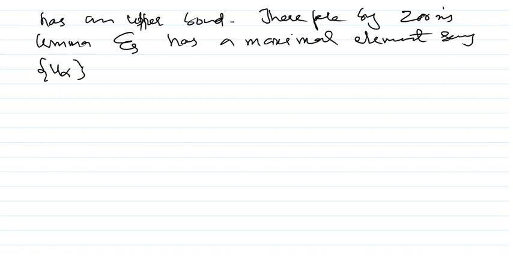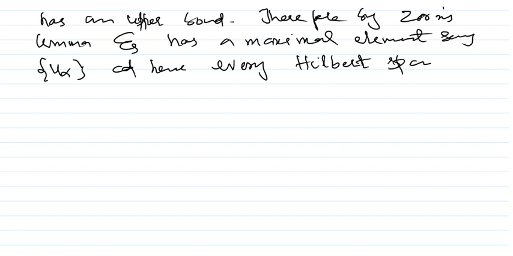So U alpha इसका maximal element है, और यही जो maximal element है, it's a maximal orthonormal set, and hence every Hilbert space has an orthonormal basis. This is just the existence of the orthonormal basis. Okay.